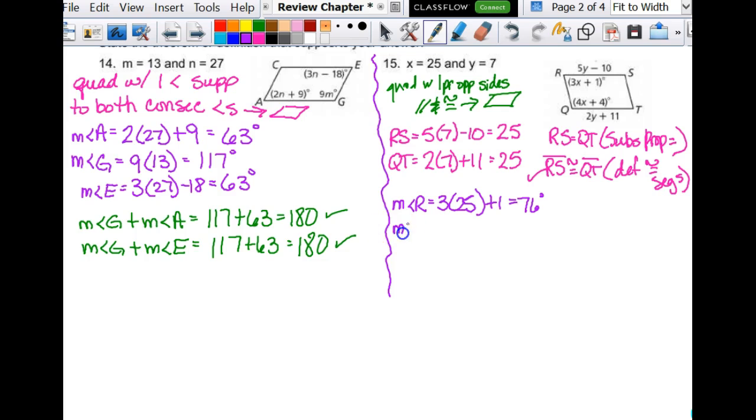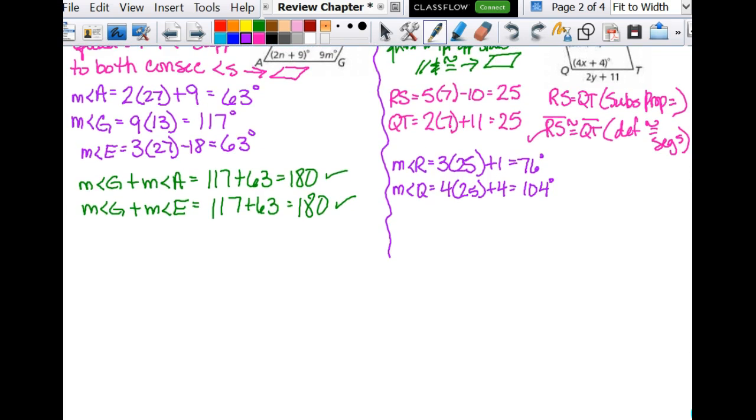Measure of angle Q is equal to 4 times 25 plus 4. So that's 104. So I can say that the measure of angle R plus the measure of angle Q equals 76 plus 104, which is equal to 180. So that shows that they're supplementary.